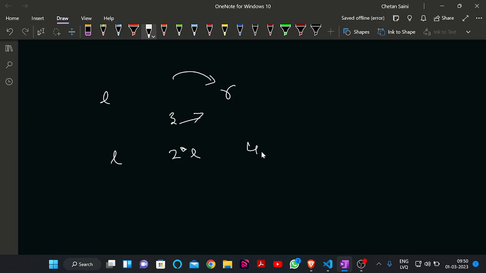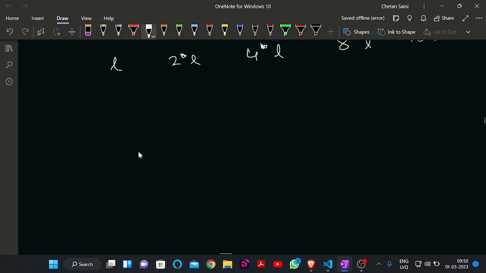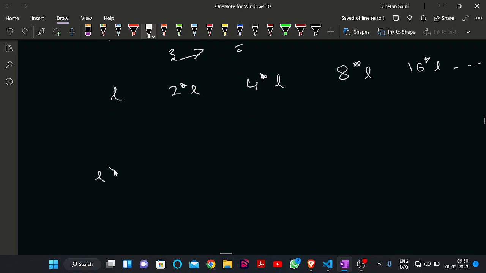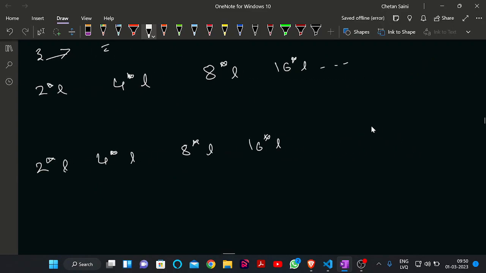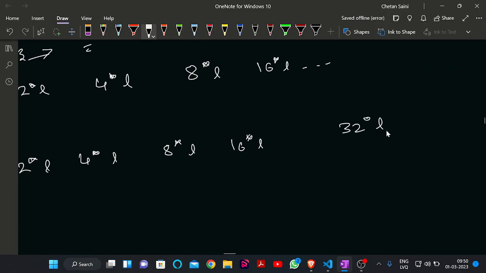Then this will be L times 4, L times 8, L times 16, and so on till our R. So just think that in our particular example, we can only write till 16 times L, which is 12 times 16. Why? Because 32 times L is more than R.